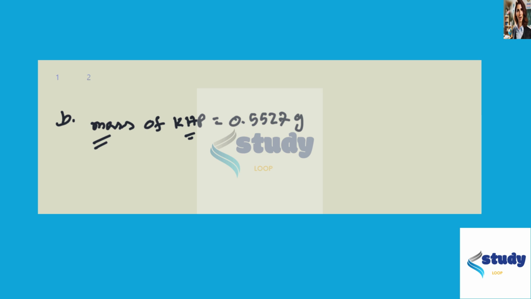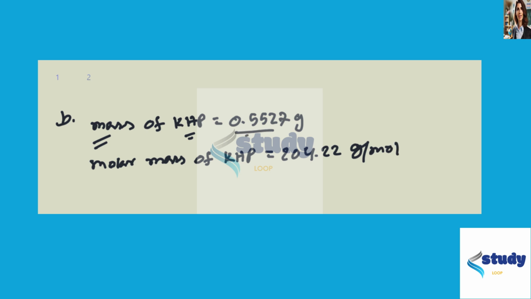So to find the number of moles of KHP, first we have to know the molar mass of KHP, which is 204.22 gram per mole. Now if we just divide the mass of KHP by the molar mass of KHP, we'll know the number of moles of KHP.